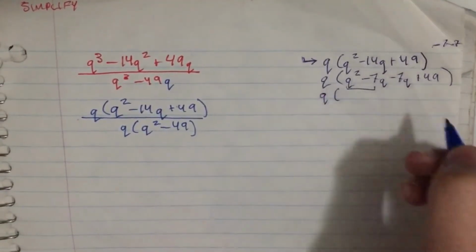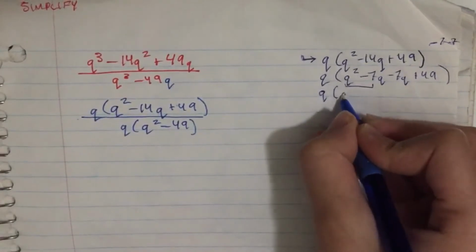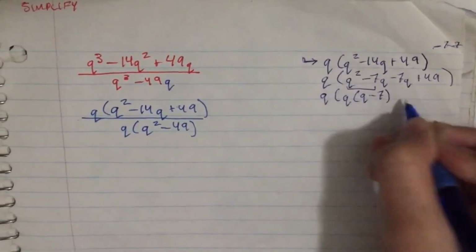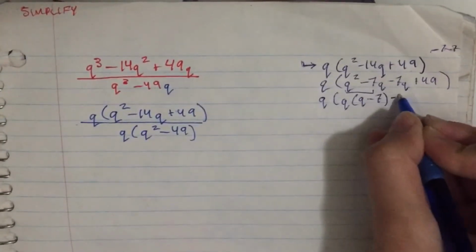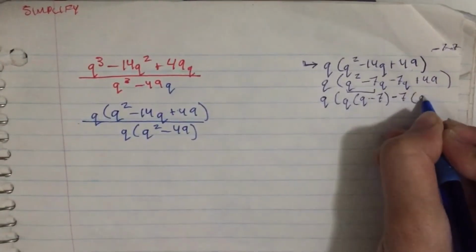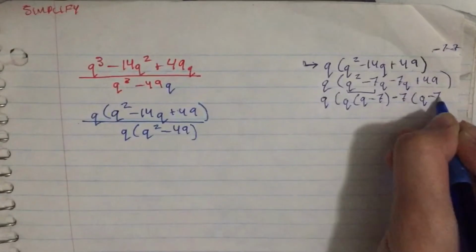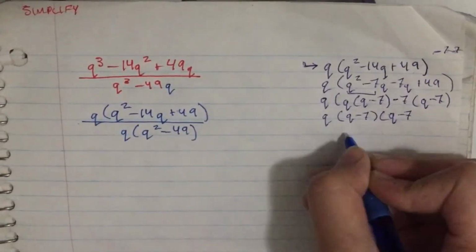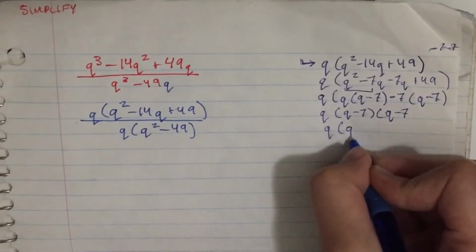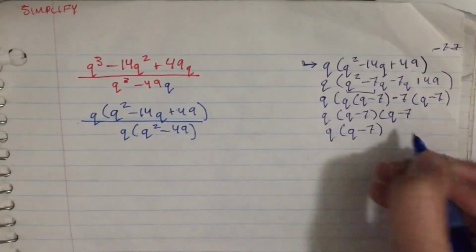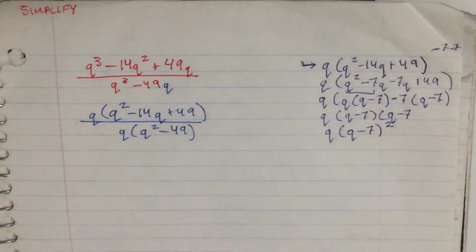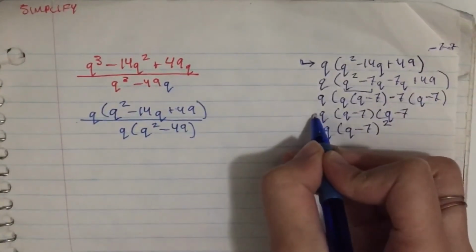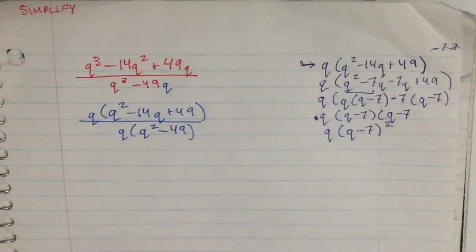Out of these two terms, we can factor out a q, and we're left with q minus 7. Same for here, we can factor out a minus 7, and we're left with q minus 7. Or you could write it as q times q minus 7 squared, but for the sake of putting it back into the equation, keeping it in vertex form, we're going to use this version.